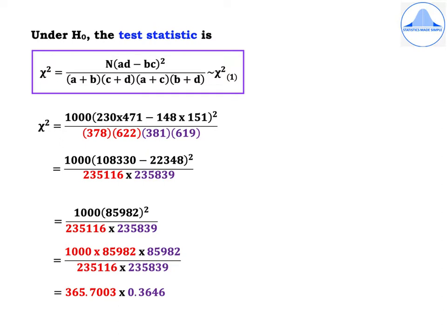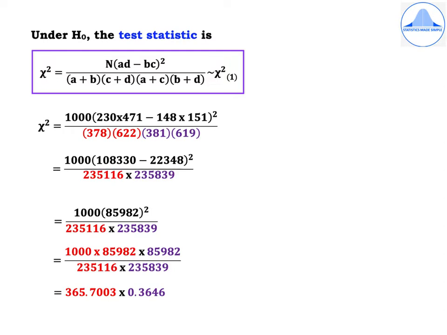If you observe, the 1000 and one of the 85,982 and the denominator value 2,35,116, I have highlighted in red color, and the remaining values, that is 85,982 and 2,35,839, I have highlighted in purple color.